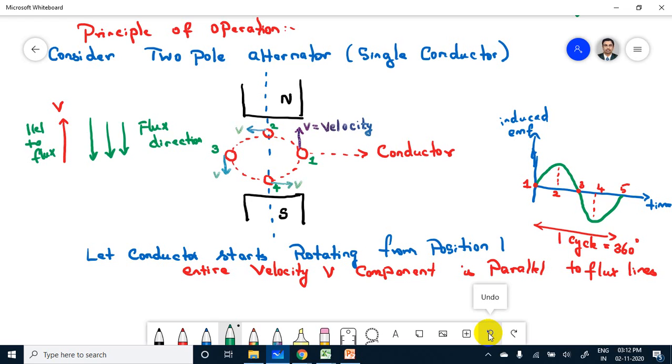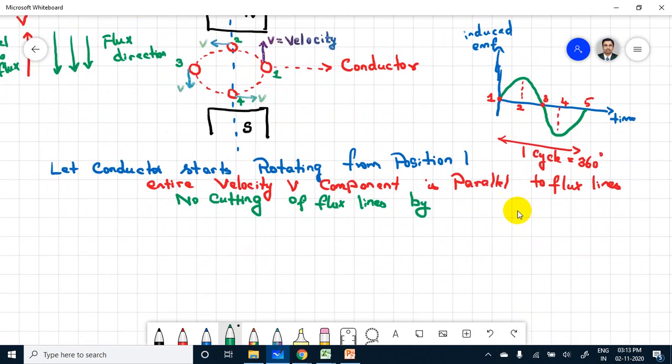So therefore there is no cutting of flux lines, because the conductor starts from the initial position.